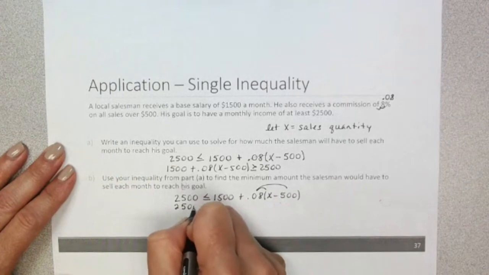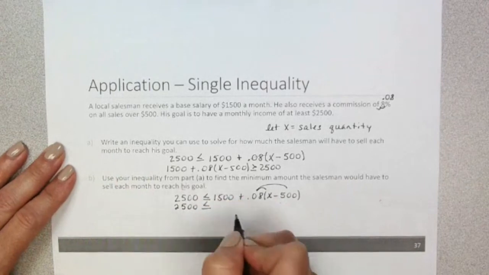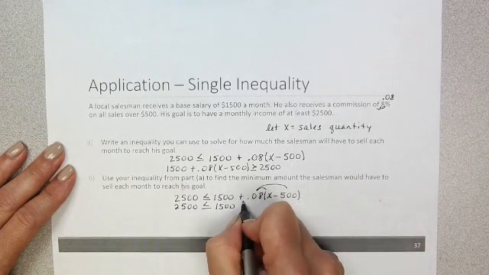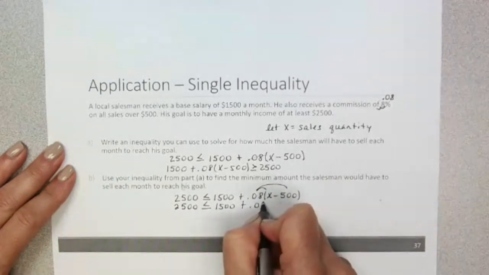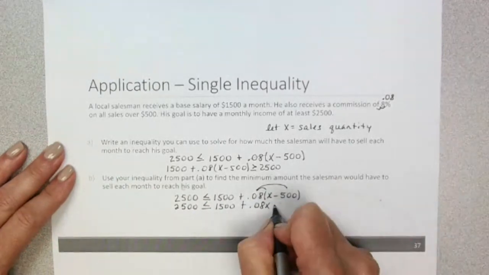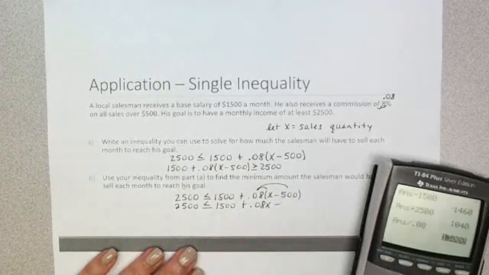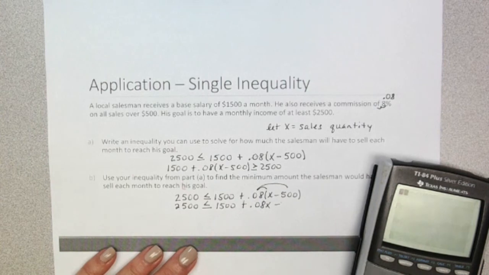So 2,500 is less than or equal to 1,500 plus 0.08x minus 0.08 times 500. I don't want to do that in my head, so let's use a calculator. 0.08 times 500 is 40.